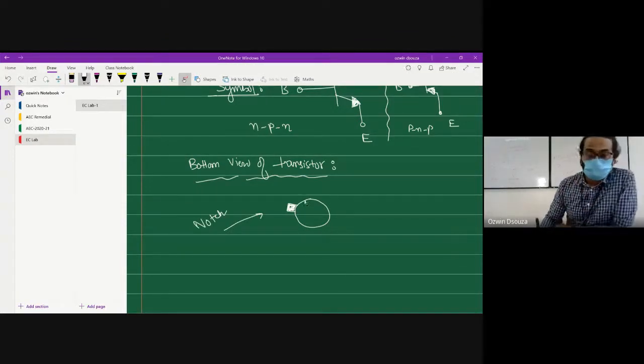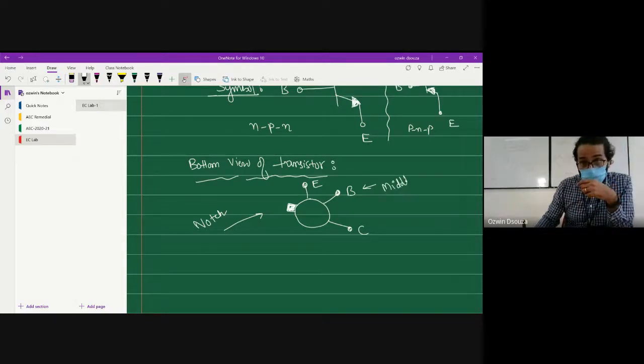And the 3 terminals you will have. So this is your emitter. The terminal which is closer to the notch is the emitter. That's what you have to remember. The rest are base and collector. Base is always the middle terminal.